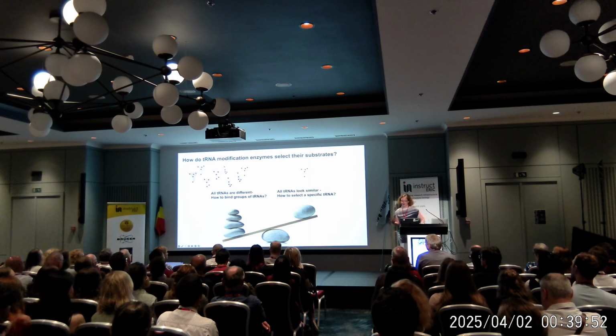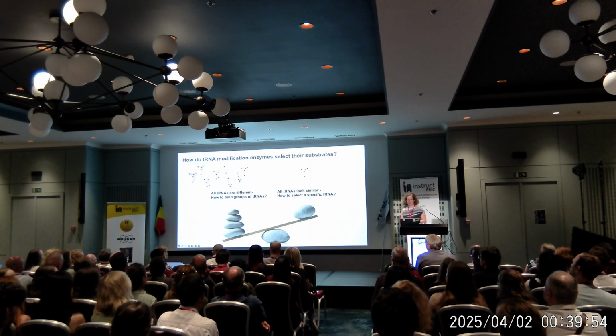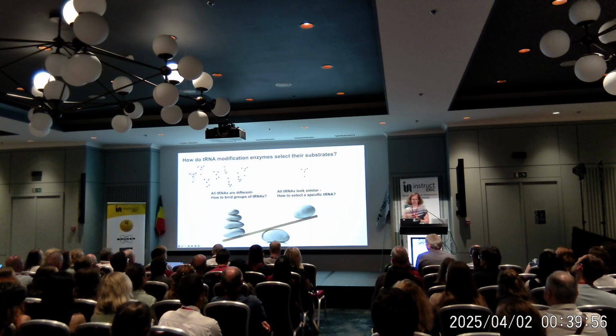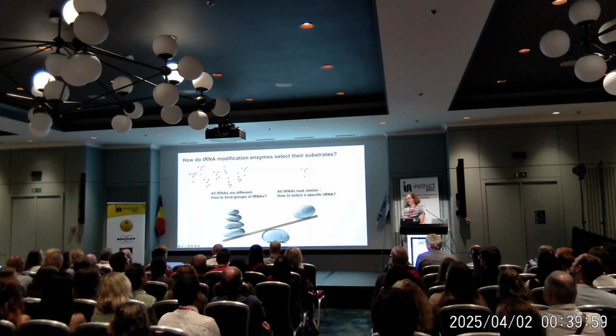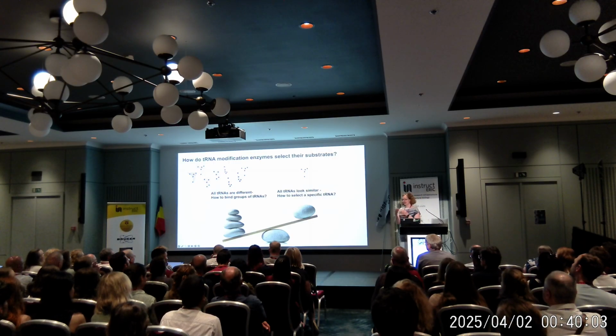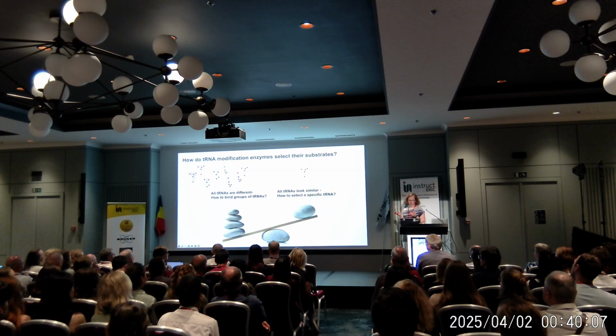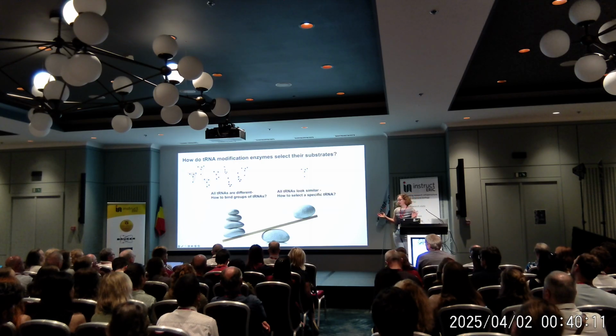So there are enzymes that write these modifications on the RNA or on the tRNA. And the tRNA modification enzymes that catalyze these chemical modifications face a real problem. So there are some enzymes that want to modify sets of tRNAs or all tRNAs.